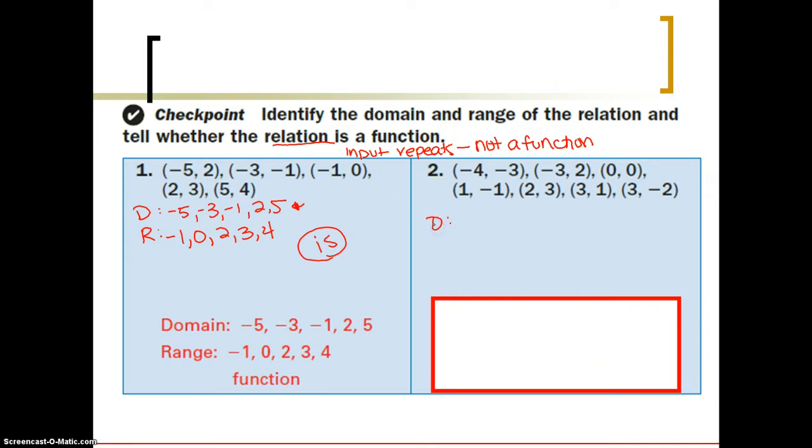Number 2, domain in order from least to greatest. I don't need 2 3s. Range, order from least to greatest. -1, 0, 1, 2, 3.